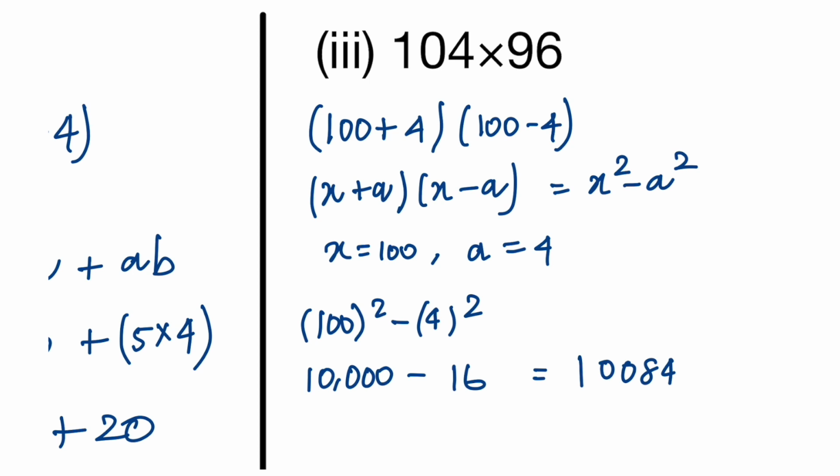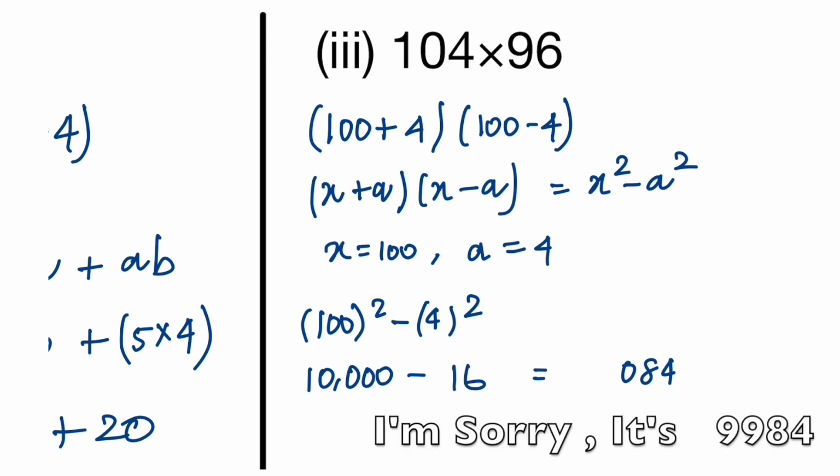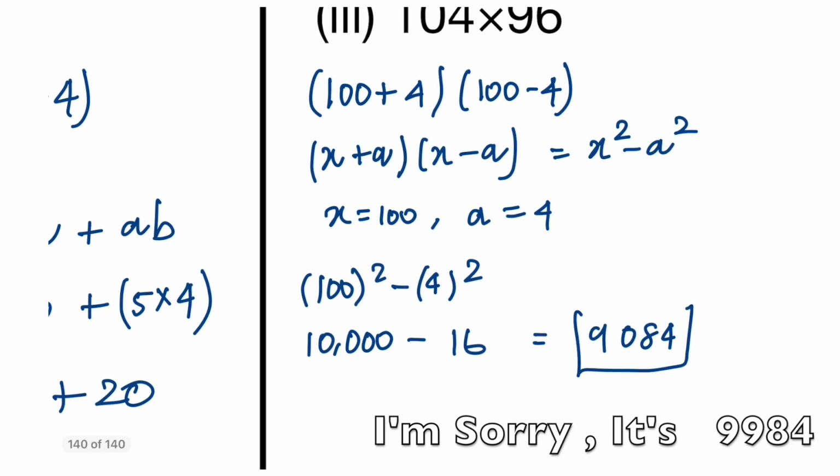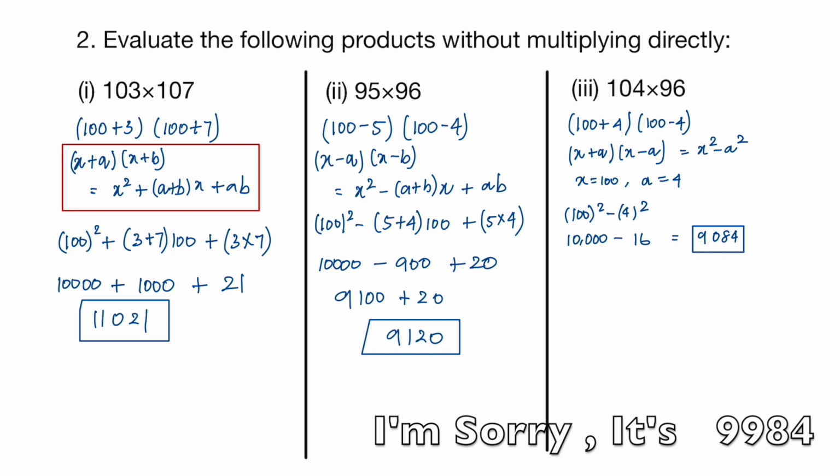Okay, so I'm sorry, it shouldn't be 10,084, it should be 9,084, right? So 9,084 which is 10,000 minus 16, that is equal to 9,084. Okay, so that is the answer to this question. It's quite easy. The identity that we have to know is x minus a into x plus a is equal to x squared minus a squared.